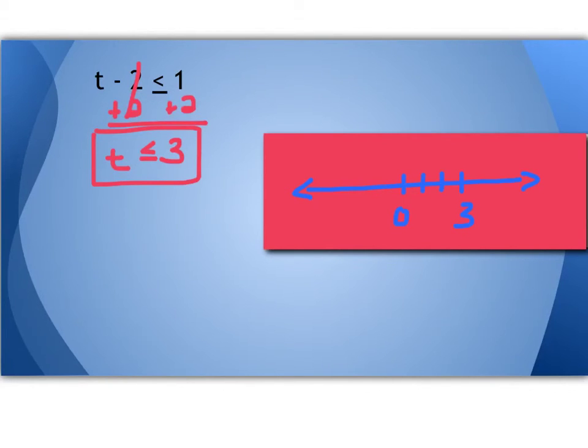Now you would just start putting in the open or closed circle and your arrow. This would be a closed circle because it says or equal to. And it says t is less than or equal to 3, so all the numbers less than or equal to 3, pointing to the left. Very easy to make your own number line.